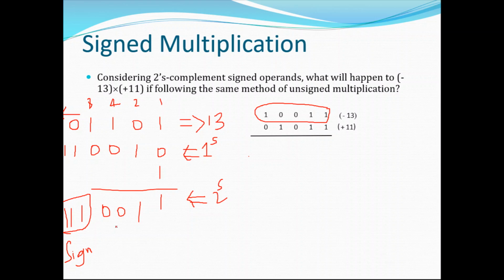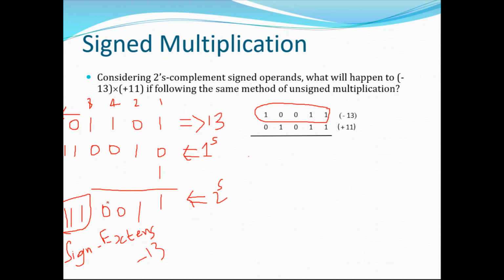What is this number? This is the 2's complement representation of the number 13. And what is its sign? That can be understood by this. All these infinite ones just represent the sign of that number, and these infinite ones are called the sign extension of this number. It just says that it is a negative number, that's all. The number is 13, so it means that it is minus 13.